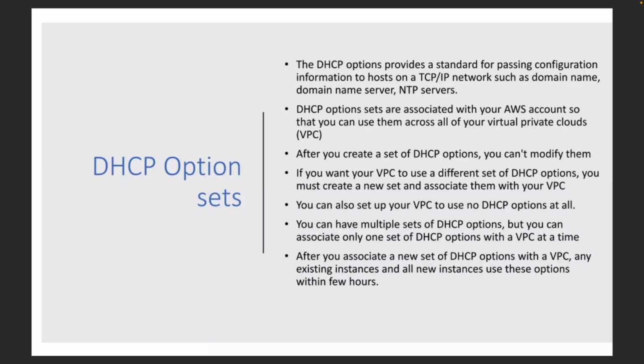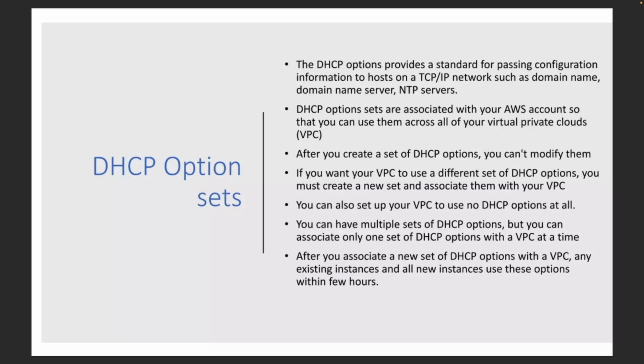After you create a set of DHCP options, you cannot modify them. If you want your VPC to use a different set of options, you must create a new set and associate them with your VPC. This immutability, which means it cannot be changed, ensures consistency. You can also set up your VPC to use no DHCP options at all if you prefer a more manual configuration.